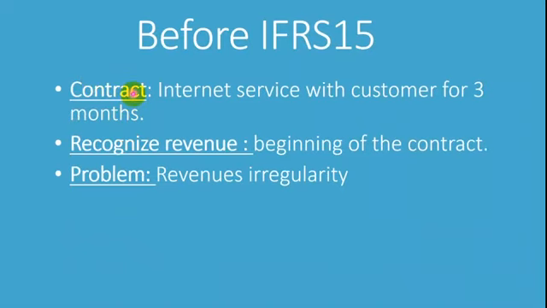If there is any contract with the customer, let's take an example of an internet service with a customer for 3 months, it can be 3 months, 6 months, 1 year, anything. For example, the company has to provide internet service to the customer for 1 year, say January 2026 to December 2026.